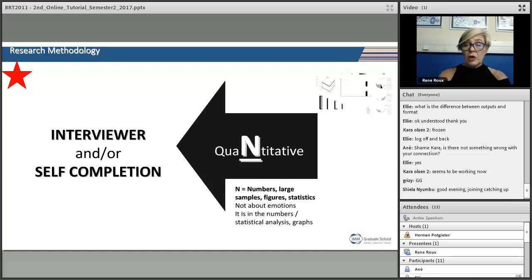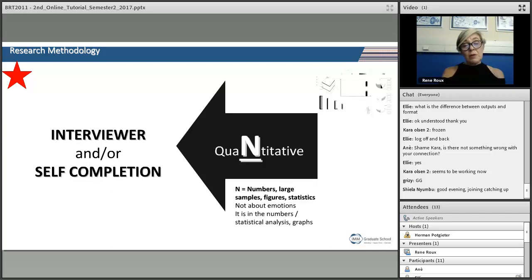With quantitative, you use a questionnaire. It is structured. There's a question 1, a question 2, a question 3, etc. And there is a very specific question. It's not a guideline. That question must be asked. If there's an interviewer, the interviewer has to ask that question word for word as it is in that questionnaire. If it's a self-completion, that person reads the question and then they answer it.